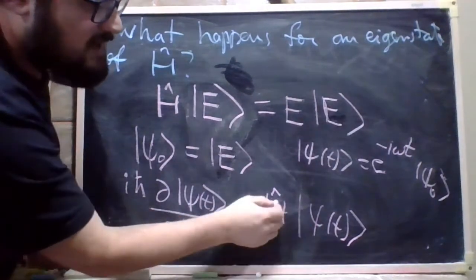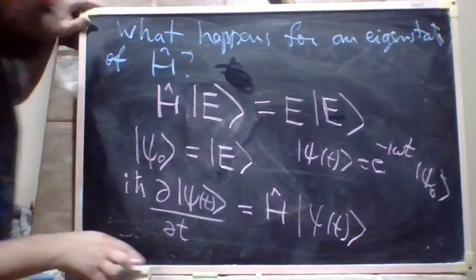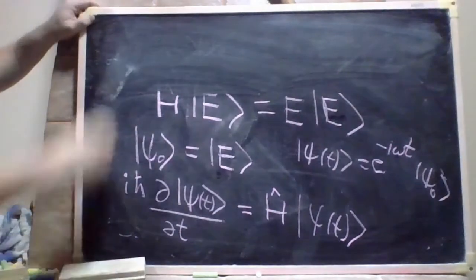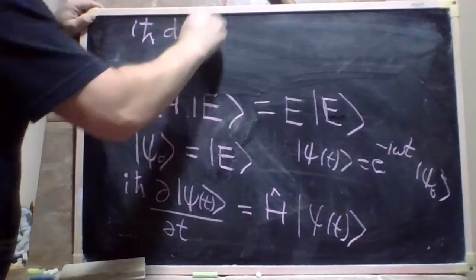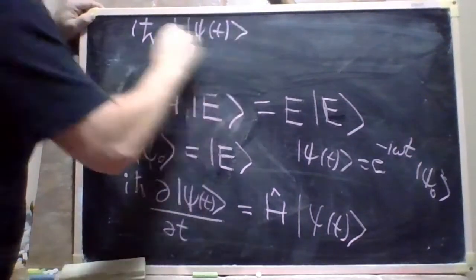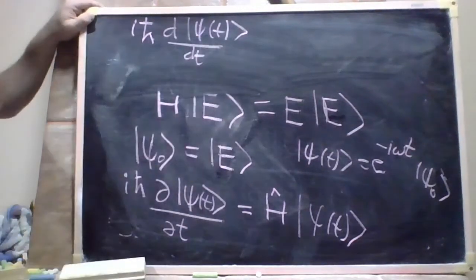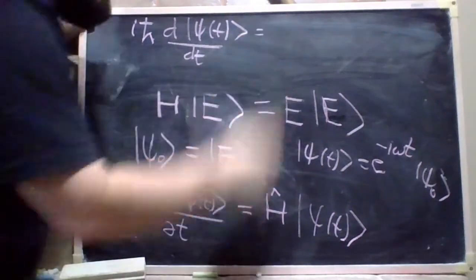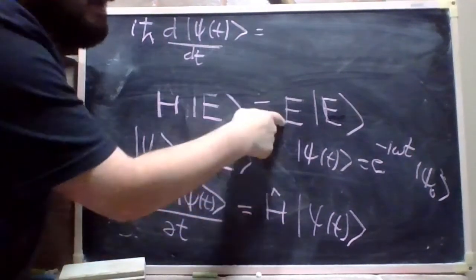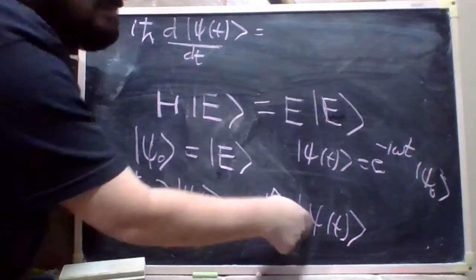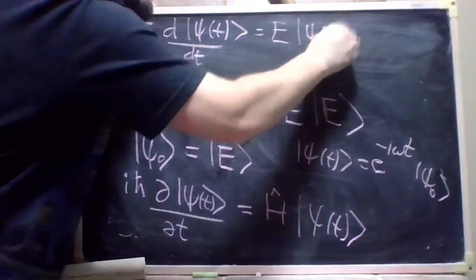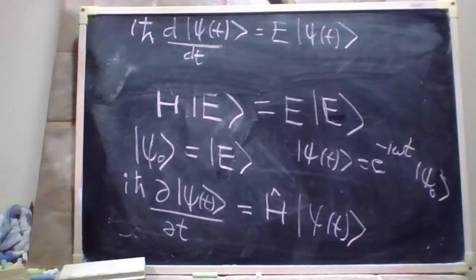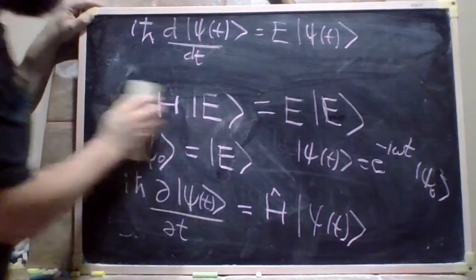When this is an eigenvector of this thing here, you'll find that i h bar times the time derivative of psi of t is equal to the energy E corresponding to that eigenvector, multiplying psi of t, and this can be readily integrated.